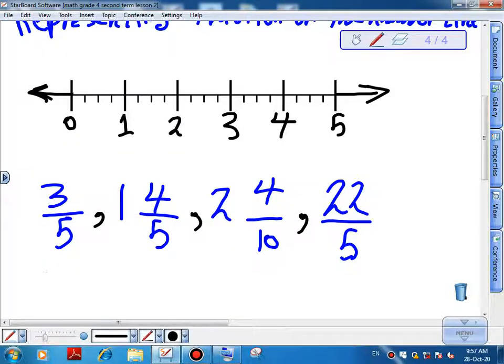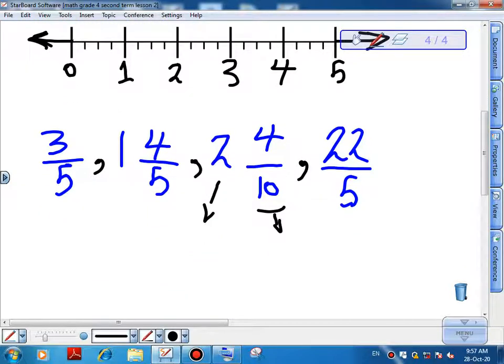Okay, 2 and 4 over 10. 2 is a whole number. 4 over 10 is a proper fraction, but it must be in the simplest form. We can put this fraction in the simplest form.